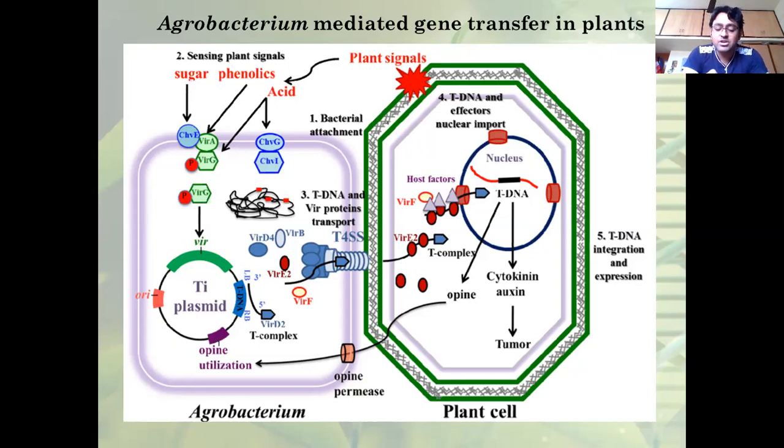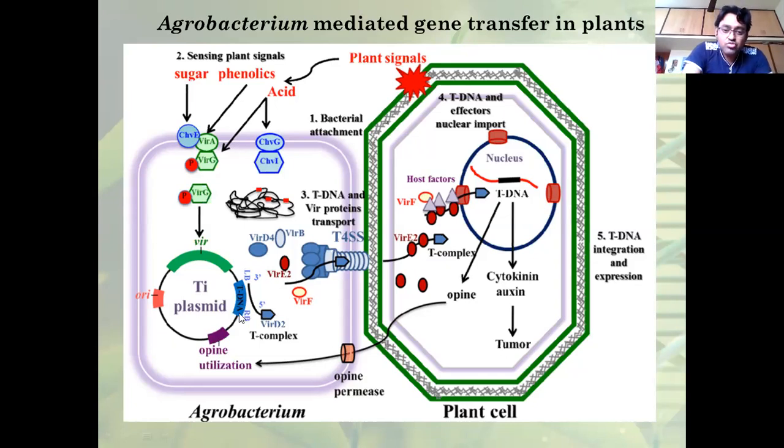And this VirD1 can cut the tDNA region at the right border site. This is the tDNA, you can look into it. That is the tDNA region. And this tDNA possesses two repeat borders, one right border and one left border.